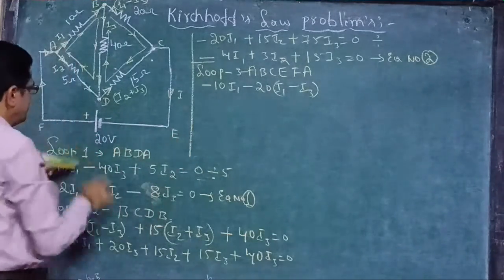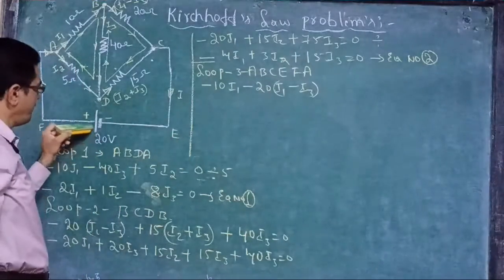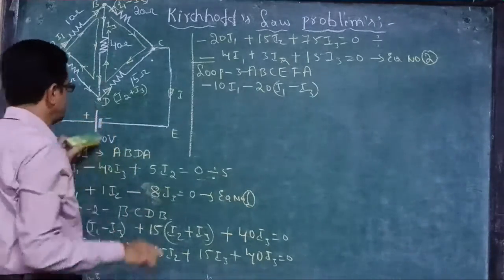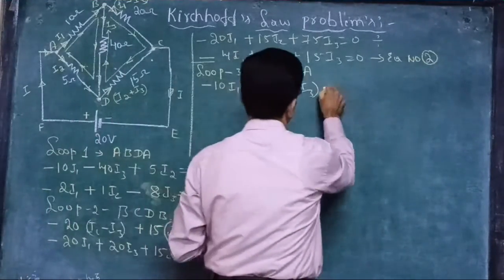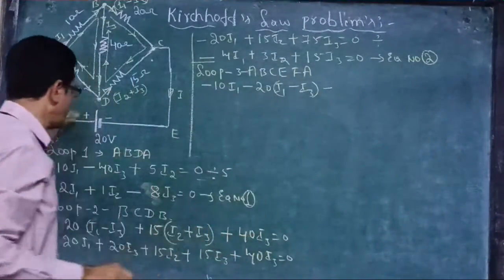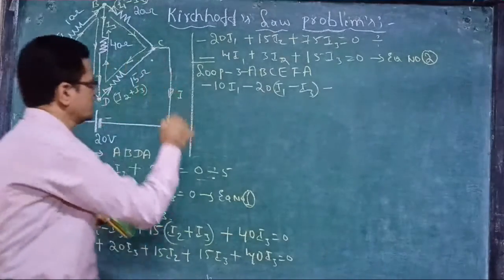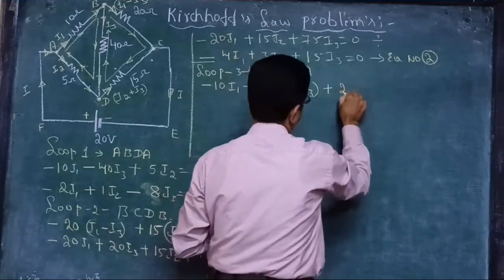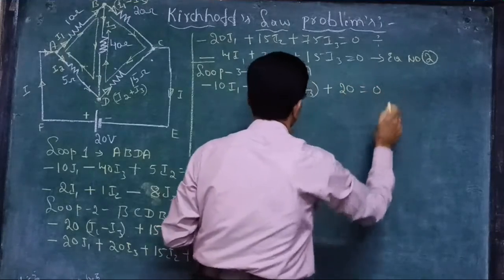E and F here, one battery or cell. We are going negative to positive, means we should take what sign? Negative to positive means rise in potential, so we should take the positive sign, 20 is equal to 0.